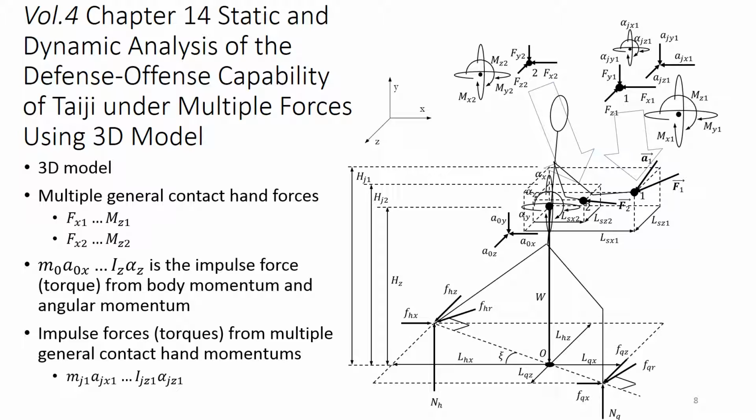MJ1 AJX1 to IJZ1 alpha JZ1. MJ2 AJX2 to IJZ2 alpha JZ2.